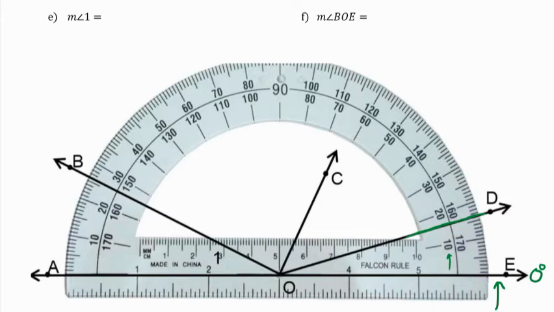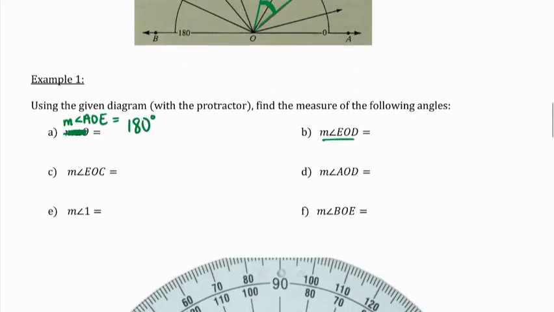But I know that like this line is at 10, so this would be at 15, and then I go one more, so it seems like that's going to be at 16 degrees, right? So I just kind of counted these little tick marks. There would be 16 of them there. So since I went from 0 to 16, the measure of angle EOD is 16 degrees.